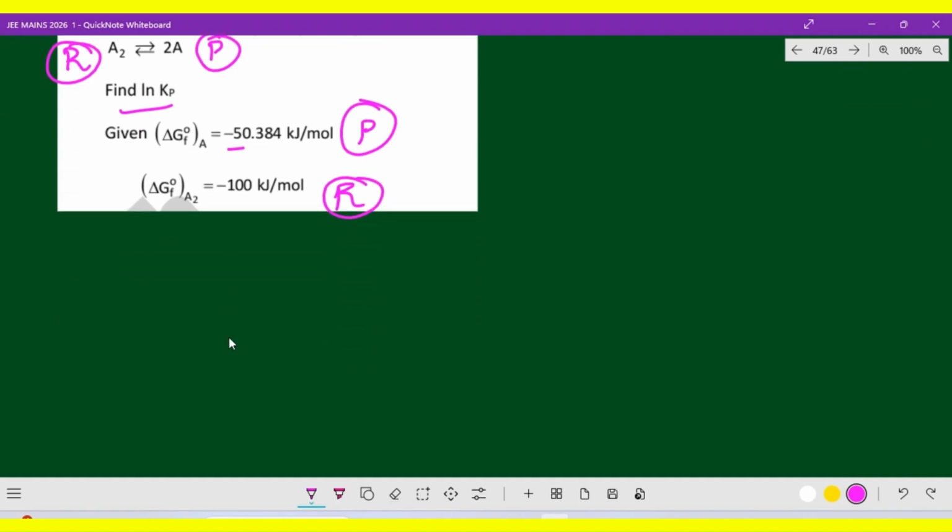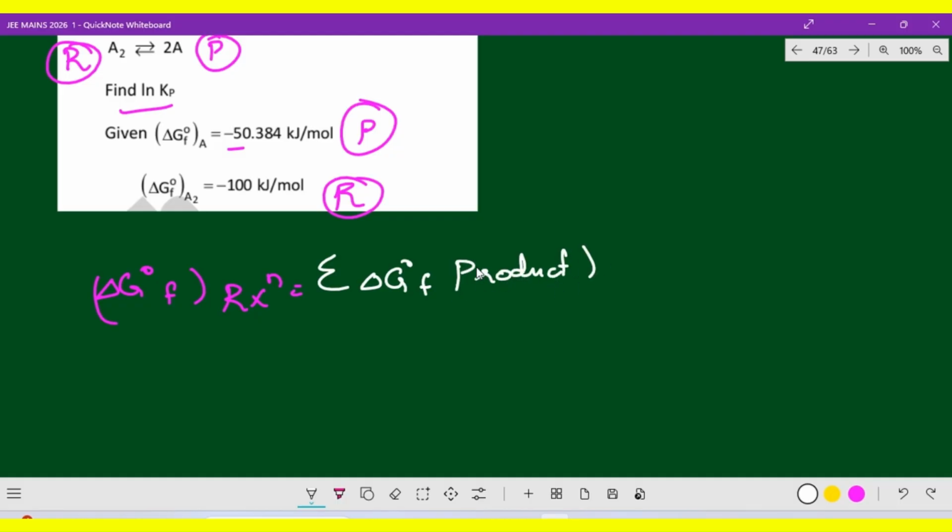Before finding ln Kp, let us find the formula for that reaction. What is the formula for the delta G naught of a reaction? Delta G naught of reaction equals summation of delta G naught formation of products minus summation of delta G naught formation of reactants.